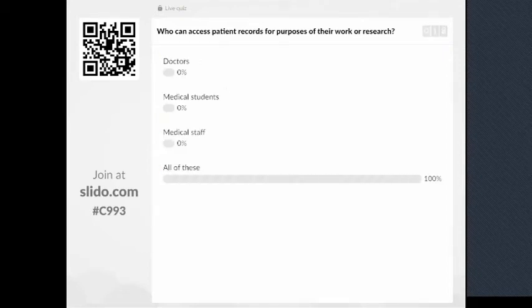So yes, all of this. Doctors, even you, medical students, can access patient records for purposes of the work you're doing in the hospital or for your research, as long as appropriate permission is granted to you.